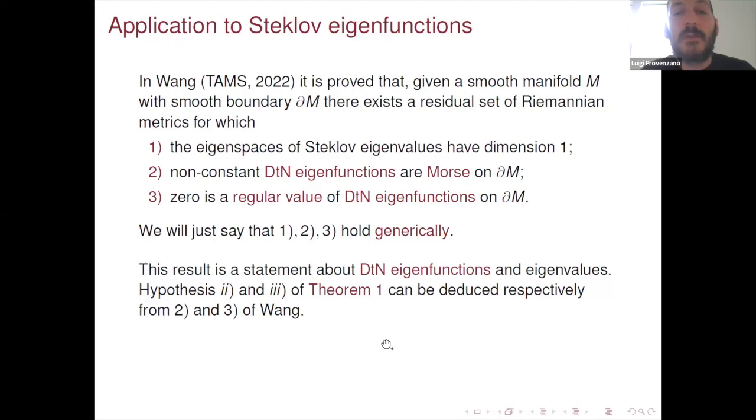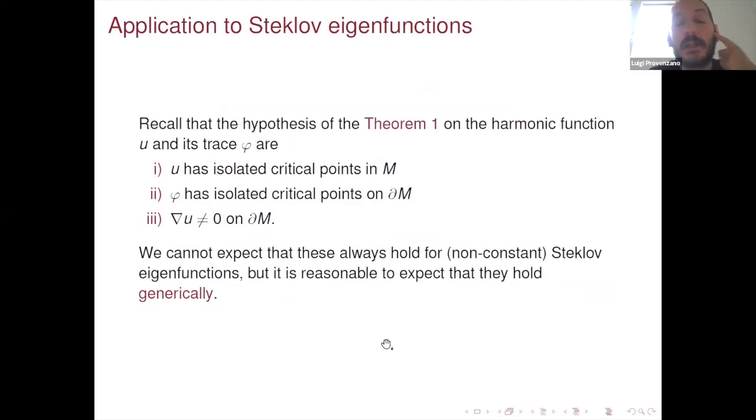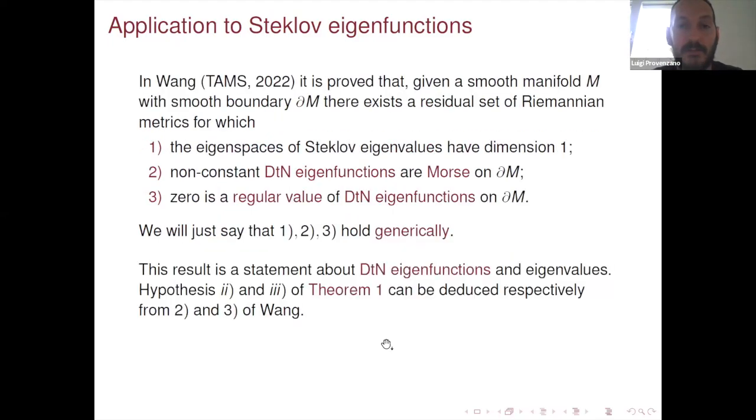And 3, 0 is a regular value of Dirichlet-Neumann eigenfunctions, combined with the Steklov boundary conditions, gives that generically the gradient of a Steklov eigenfunction is not 0 at the boundary. The point is that our hypothesis 1 does not follow from these generic properties of Wang, because we need that U has isolated critical points inside M as a Steklov eigenfunction, not just as a Dirichlet-Neumann eigenfunction.